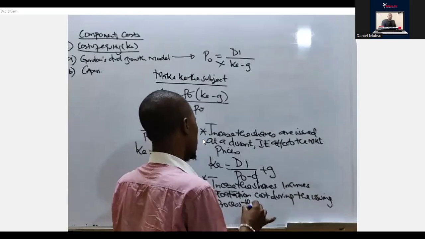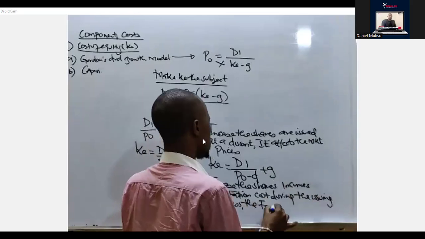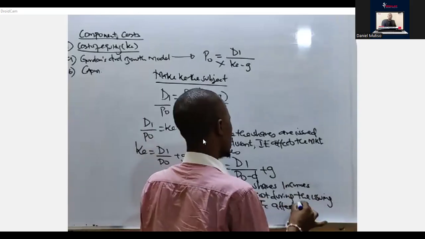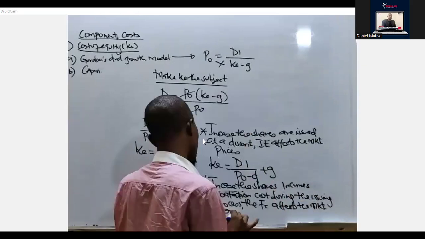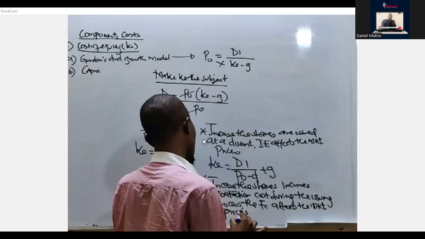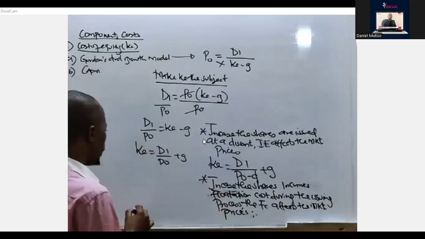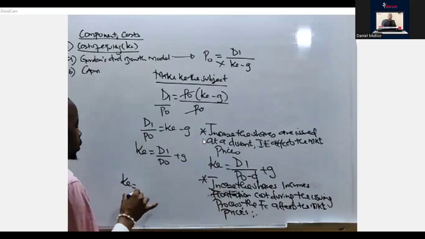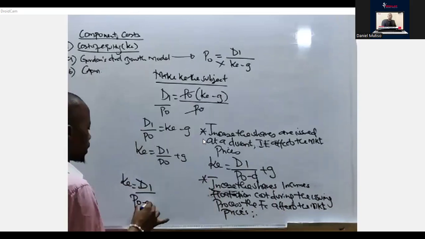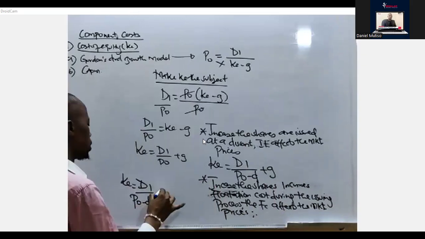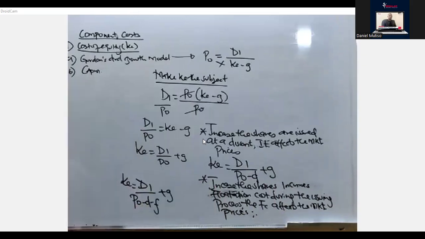We say the flotation cost affects the market prices. They normally affect the market prices, and therefore the formula now for KE will always be D1 over PO minus discount minus flotation plus our growth rate. This is now how our formula looks like, right?